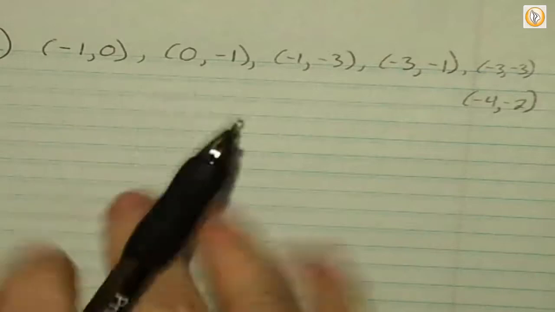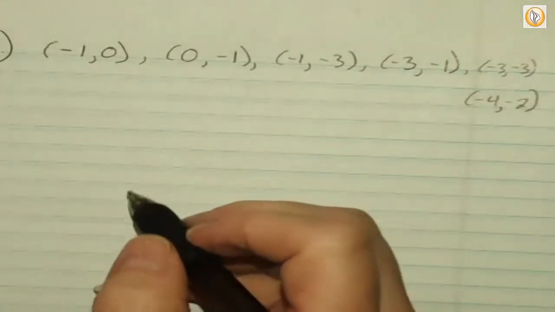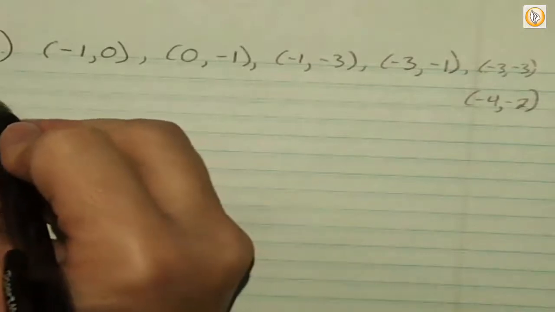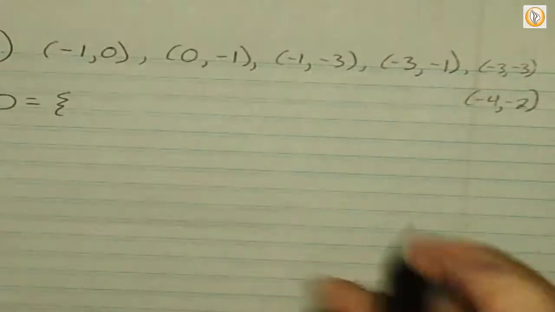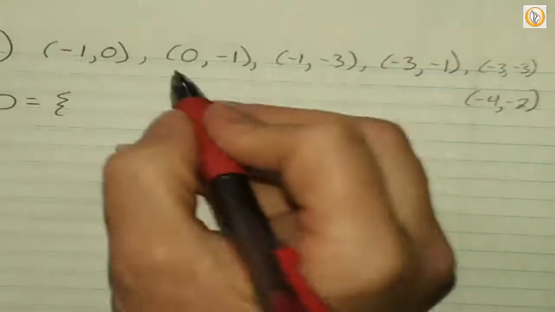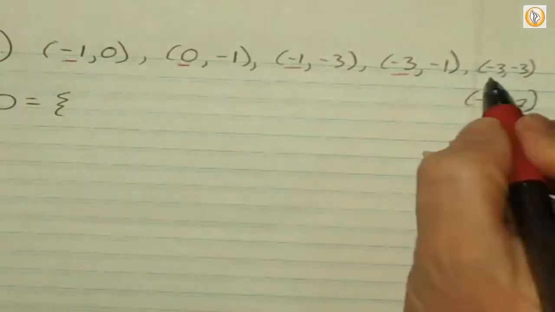All right. So 7 says for each graph relation, state domain and range first. So I tell my students, write out the ordered pairs first. It makes it so much easier. Then all you have to do is put D. What are my ordered pairs from least to greatest for D? I have a -1, a 0, -1, -3, -3, -4.